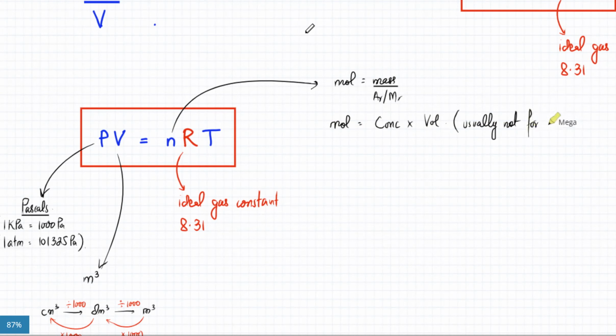So you're never going to find moles of a gas using concentration times volume. That generally applies to a solution, but mostly not used in this case. Then you had another formula, which is moles is equal to volume of gas divided by 24 dm cube. Hopefully everyone knows this.